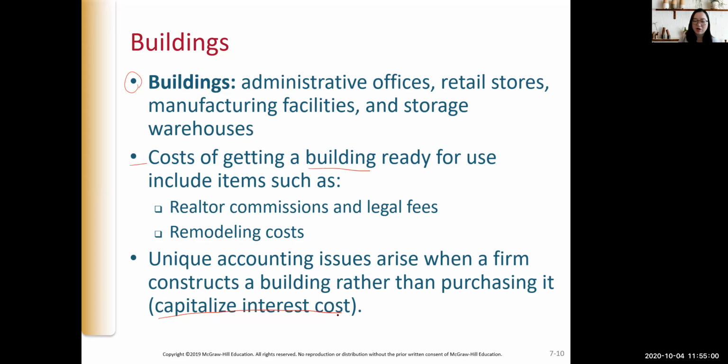Capitalize means that the cost of the interest becomes a part of the building's cost, and it can be parked or put on the balance sheet. But if, for example, you are buying the building from someone else and you don't have enough money and you get a loan, then you need to pay the interest, and that interest has to be put as an expense, showing up on the income statement.